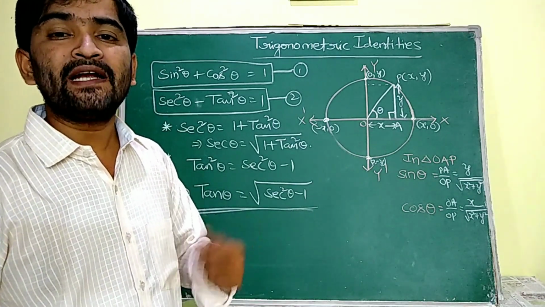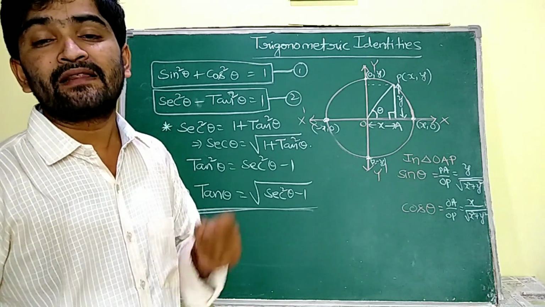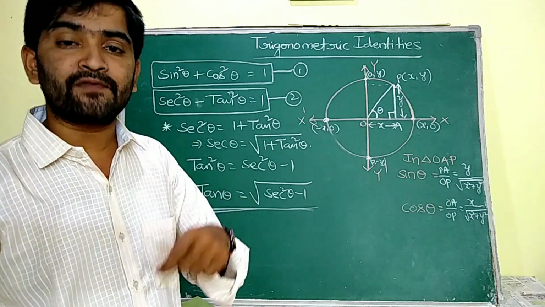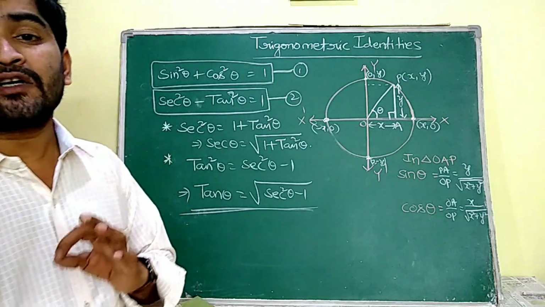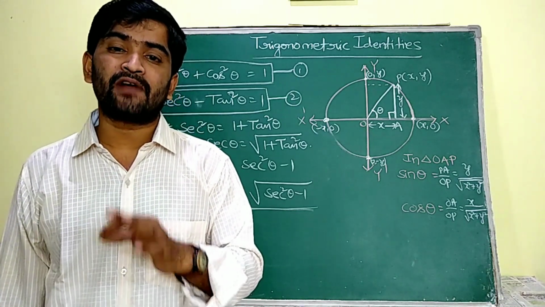That means while dividing identity 1 with sin square theta, we have to note that sin theta becomes 0 at even multiples of 90. So I am not going to consider theta as even multiples of 90.